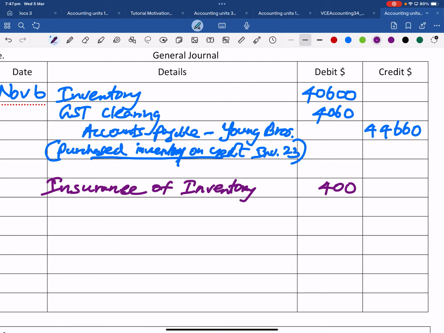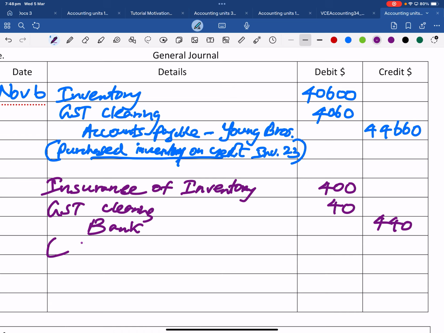After insurance? GST? Pathum, what is after the insurance of inventory? GST clearing. Okay, good. GST clearing, 40. And you credit the accounts, no, not accounts payable. What is it? Bank. Why? EFT. Good.